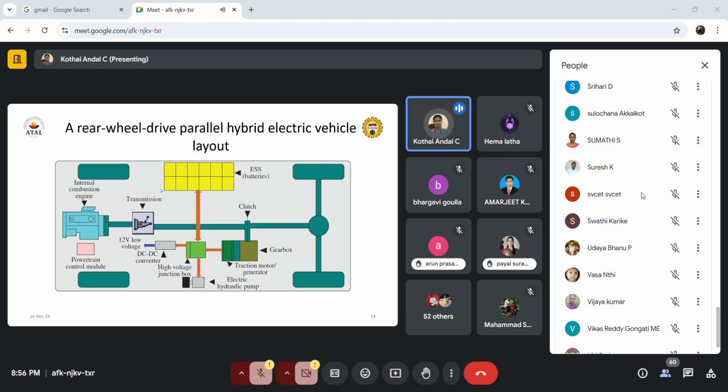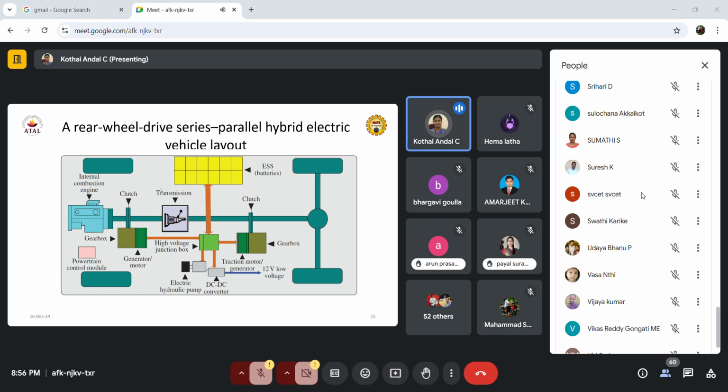This type of parallel hybrid electric vehicle is becoming more popular nowadays. We see this mode operated in heavy trucks and similar vehicles. Then we'll come to the series parallel mode.